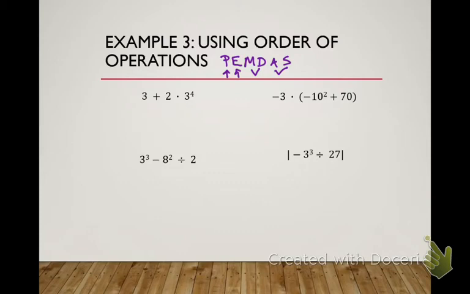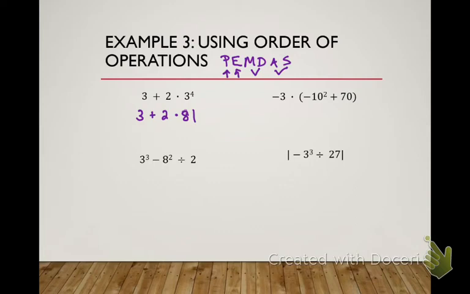Okay? So now I have 3 plus 2 times 81. All right? It's important that you write the steps because it keeps you clear on what comes next. So you have 2 options. Do you add and then multiply? Or do you multiply and then add?